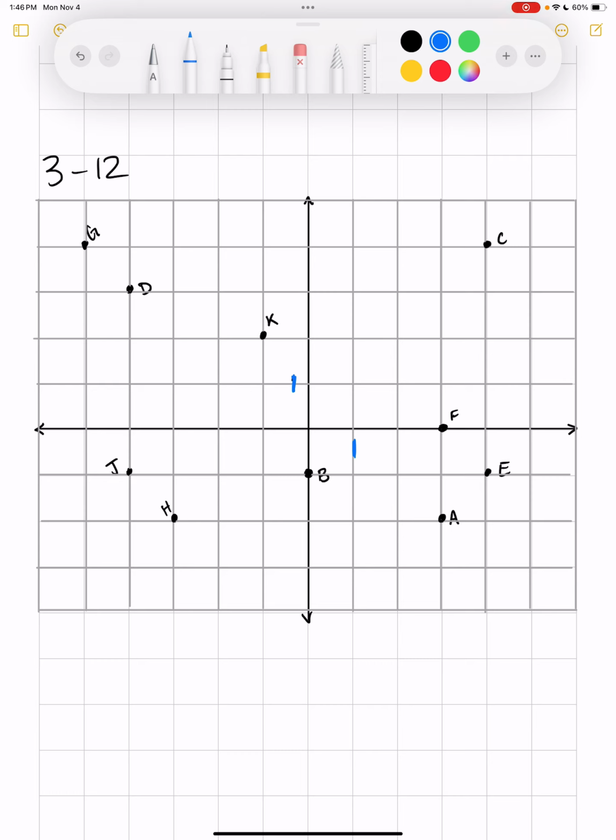So where is point A? Y'all can just say them. It's 3, -2. So always the x point first. This is over 1, 2, 3, and then it's down 2. So 3, -2.